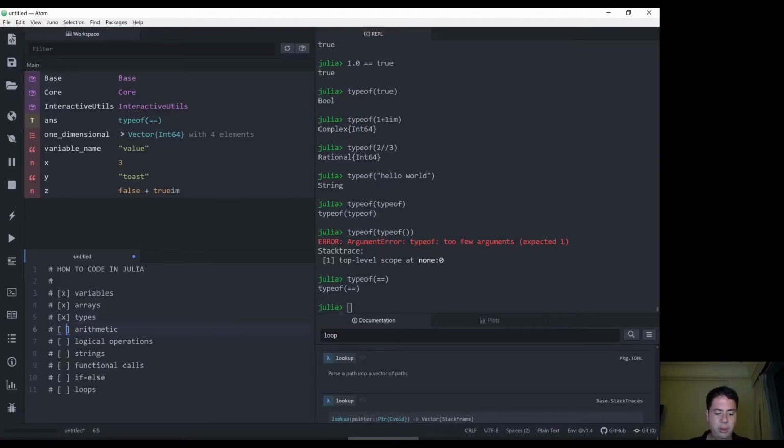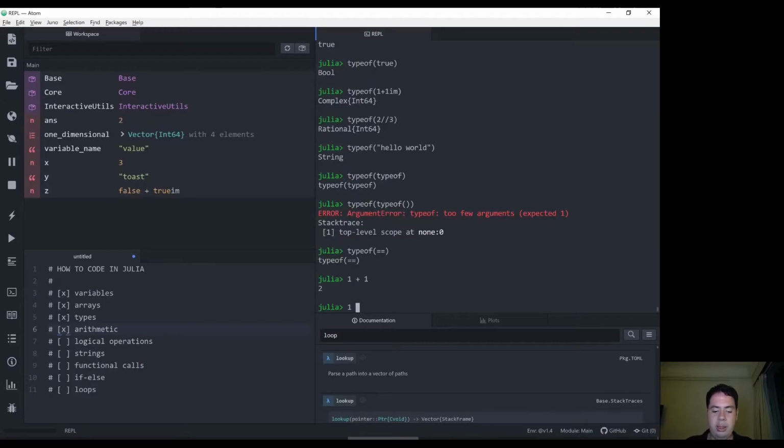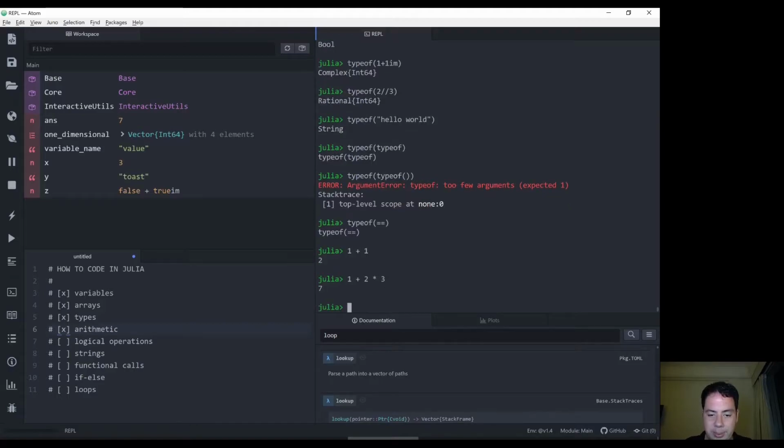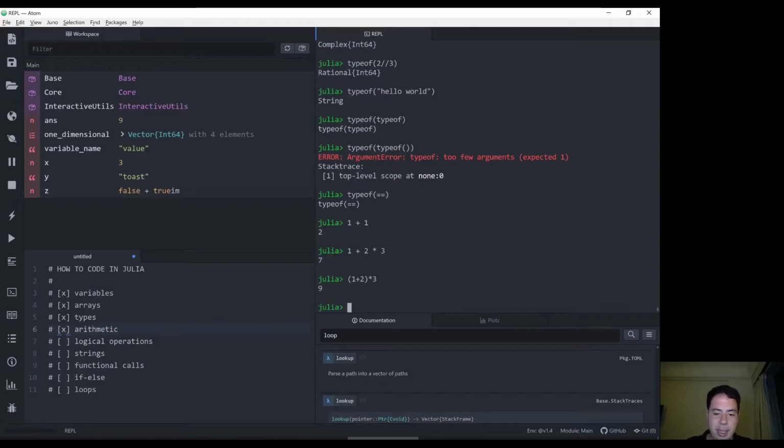So moving on to some arithmetic. All arithmetic is supported in the way you'd expect it to be. So 1 plus 1, 1 plus 2 times 3. You can see like that. We can do brackets. White space doesn't matter, as you can see.